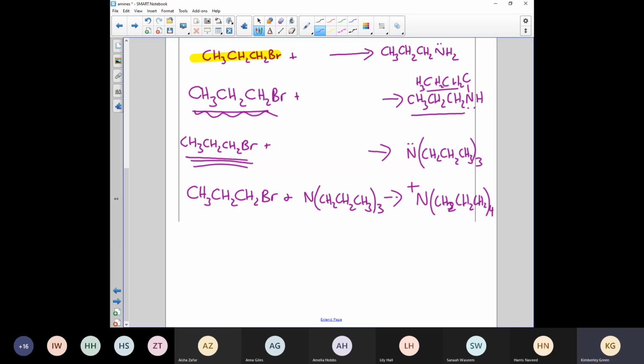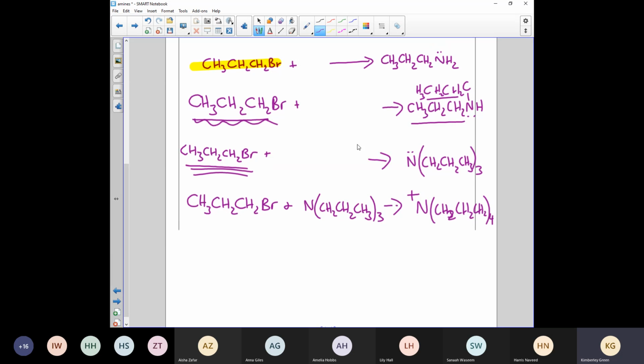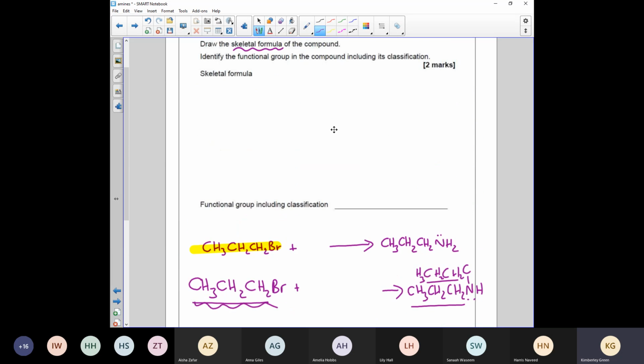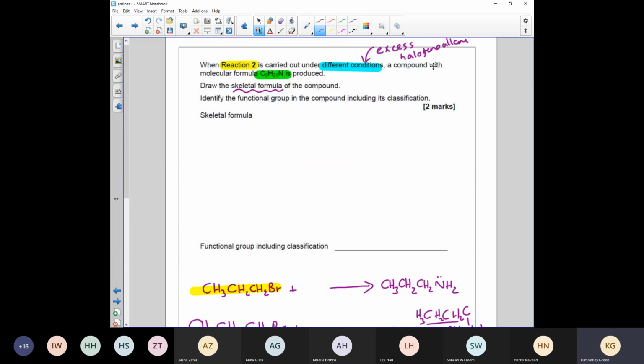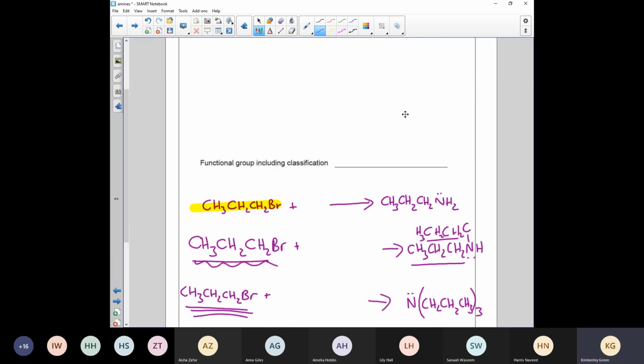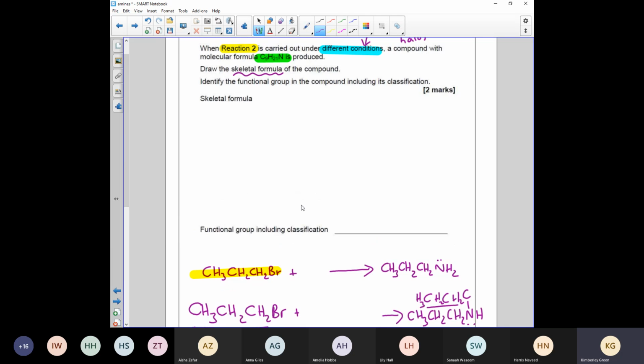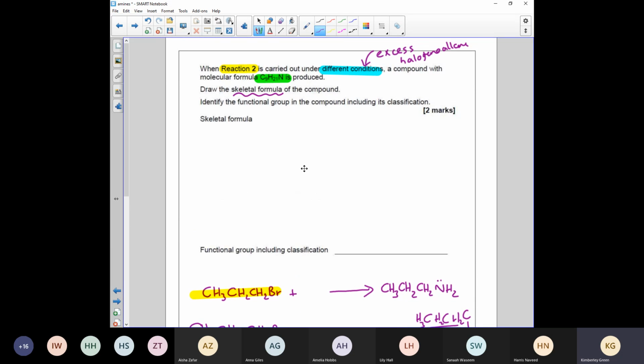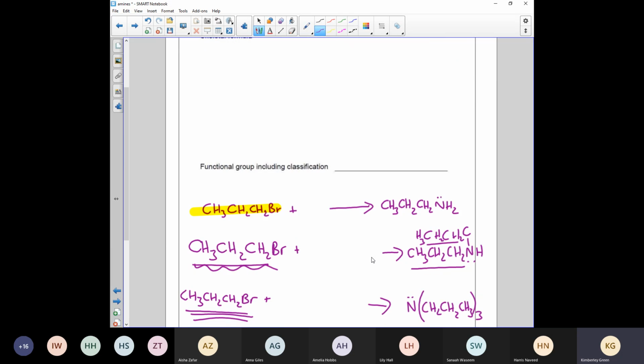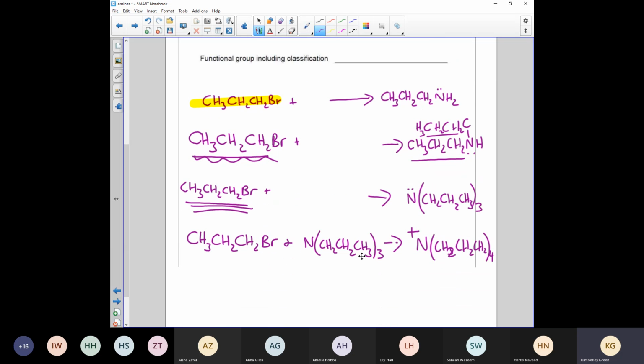Right, I know I've gone off on a bit of a tangent here and probably a bit too far, but let's have a look what we're actually looking for. So, different conditions. If we had excess halogenoalkane, this is what would happen. We'd keep reacting and reacting and reacting. One of these products that I've made surely has 9 carbons, 21 hydrogens and 1 nitrogen. Well, they've all got 1 nitrogen.